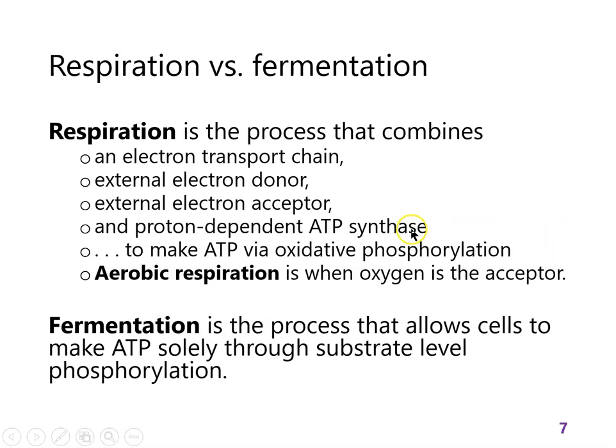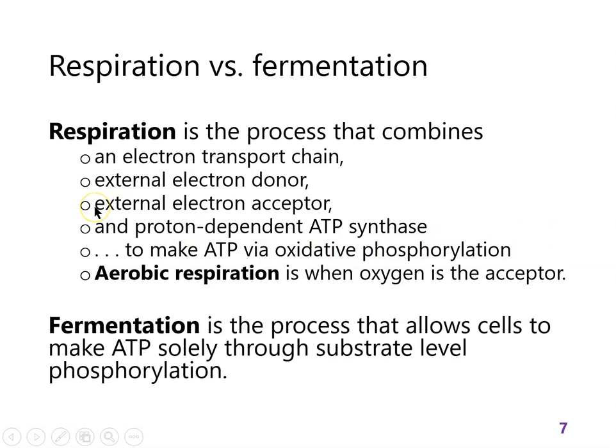And so the difference between these is huge, and we're really going to need to work through this a little bit in this lecture. So respiration, we can define respiration as the process that uses an electron transport chain and an external electron donor, so in our case glucose, an external electron acceptor, that would be oxygen, and a proton-dependent ATP synthase. And all of those things working together make ATP.